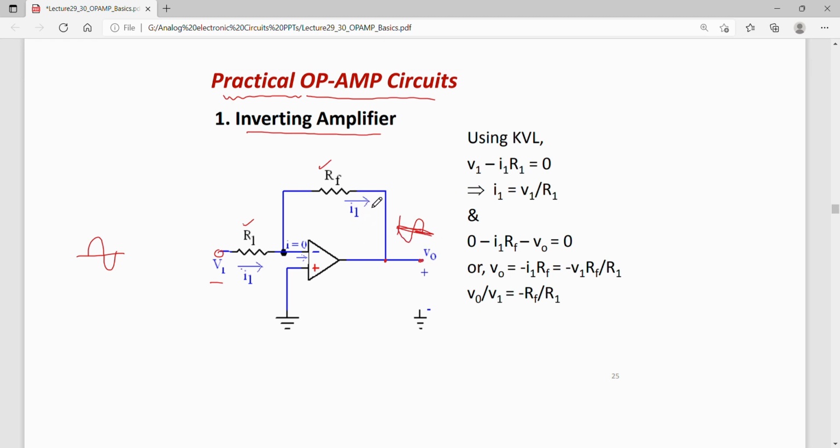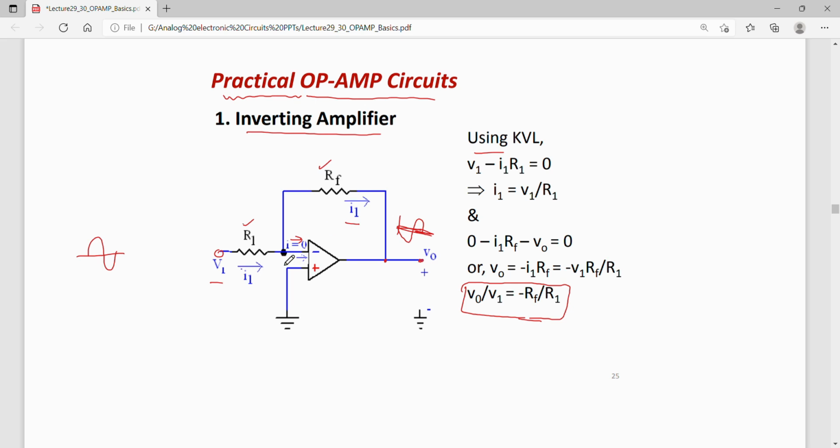Now we had written earlier that the gain of this amplifier can be written as minus RF by R1, that is, the gain is controlled by these two resistances. For that we can use KVL. Let us say I1 is going in this resistor, and since the current going into the op amp is 0, the same I1 is going in the feedback resistor also.